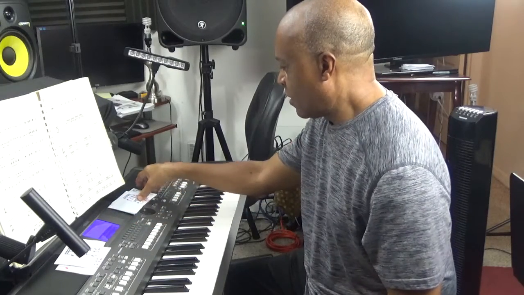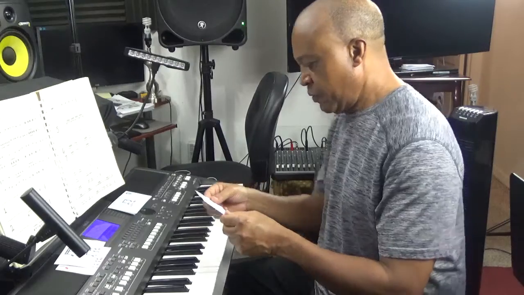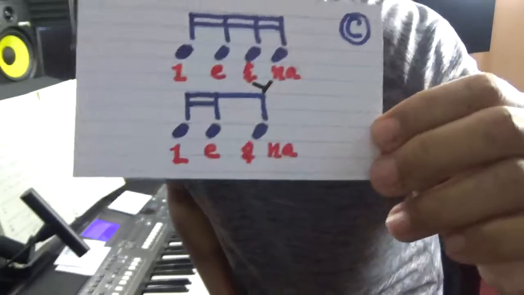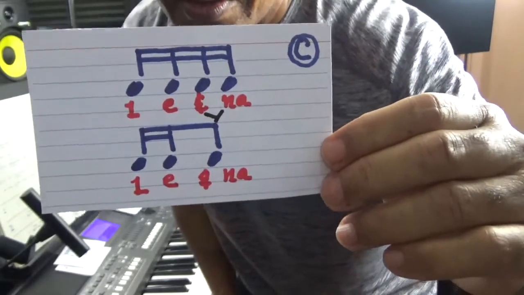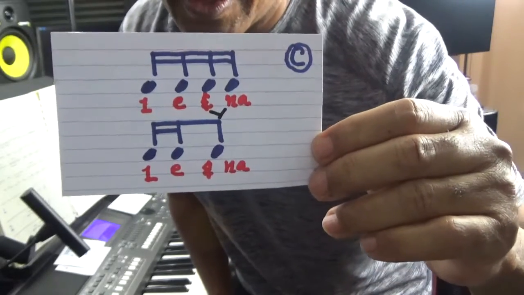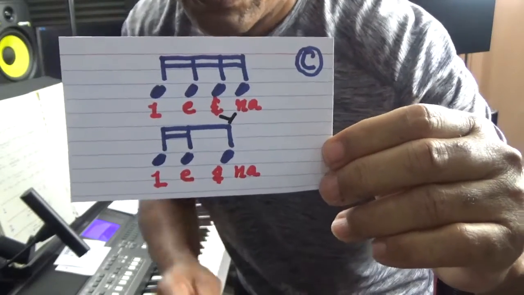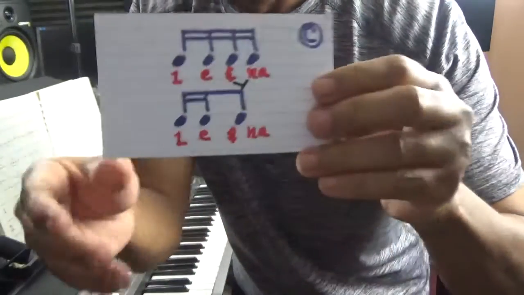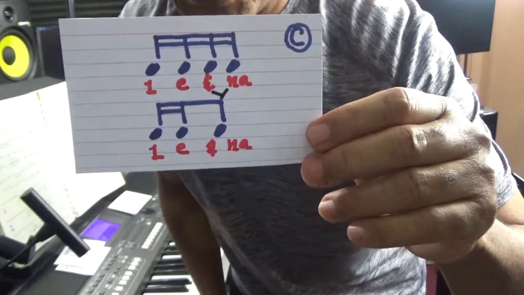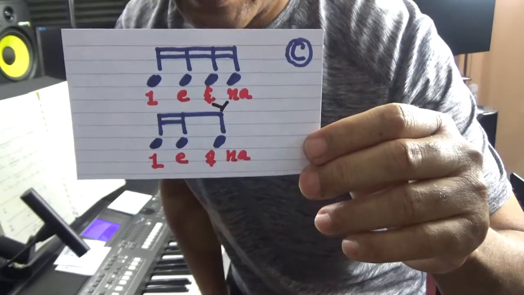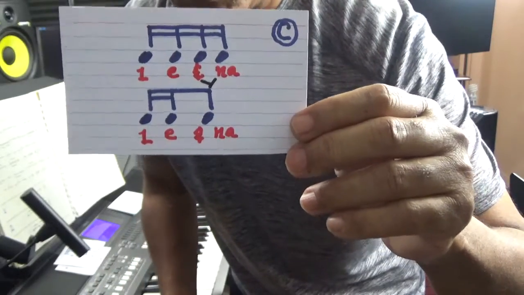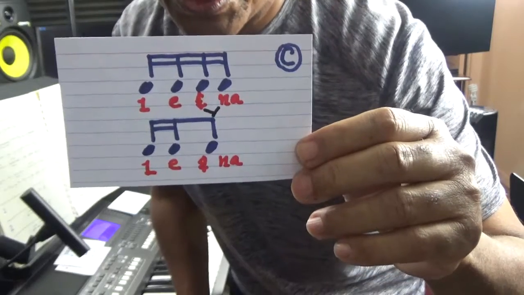All right. So now let's look at another one. Okay. Here's another one right here. As you can see, we still have our 4/16 notes, 1 E and A. But now you have 2/16 notes followed by an eighth note.